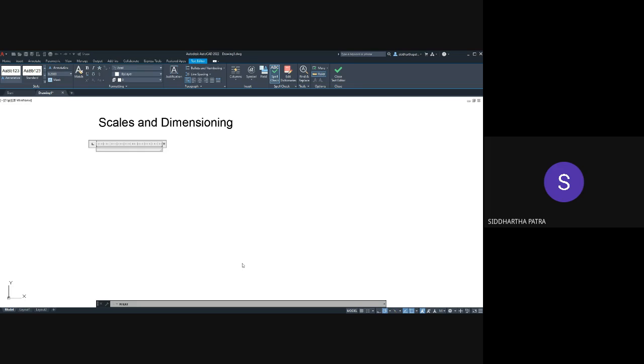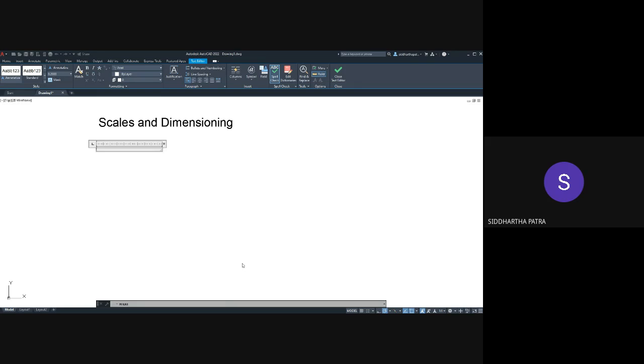Now this operation is known as scaling. In the title block of each drawing sheet, you know that there is a space reserved for scale.